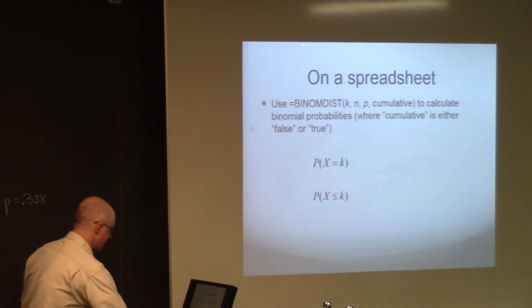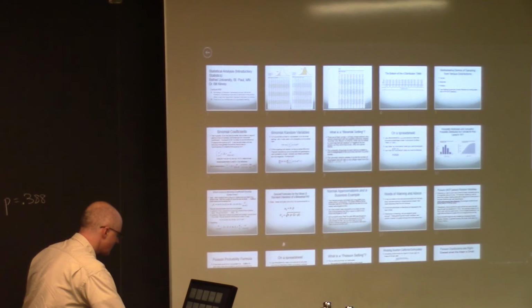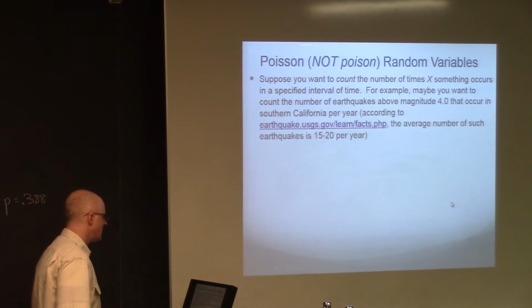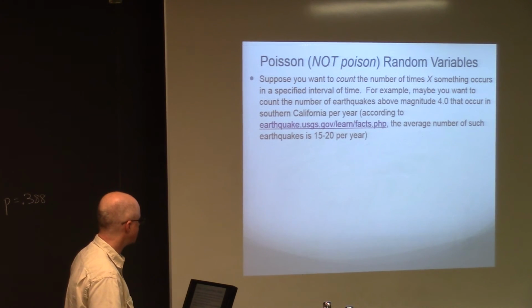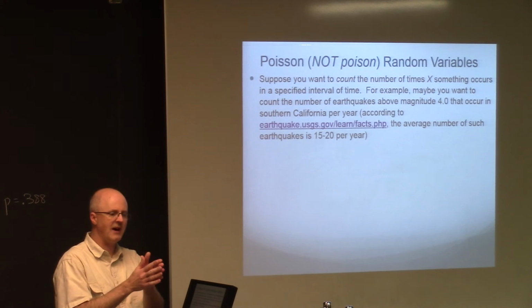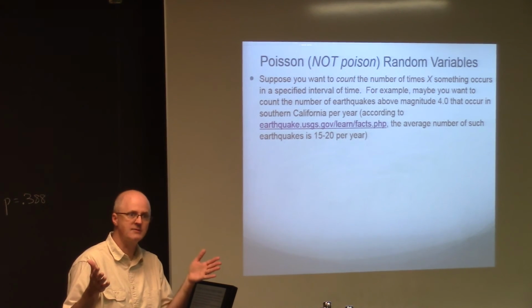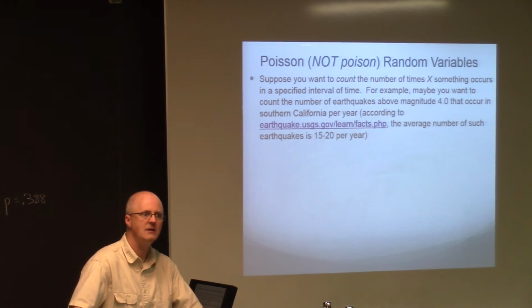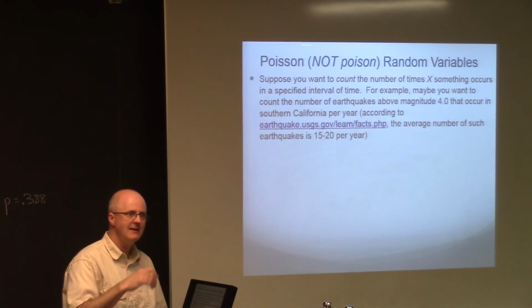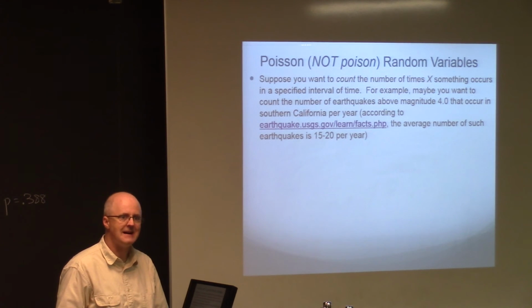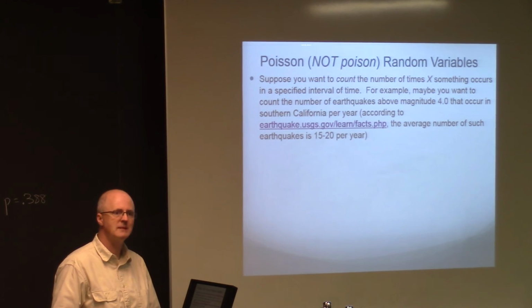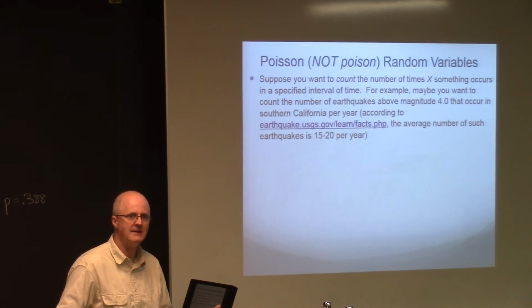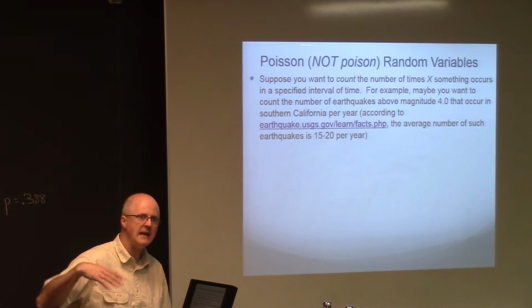What's a Poisson setting? Now you want to count the number of times x occurs in some specified continuous interval of time, for example, or interval of distance, or an area, or a volume. You might want to count how many mosquitoes are in 1 square acre of land down near people level, so they're biting.